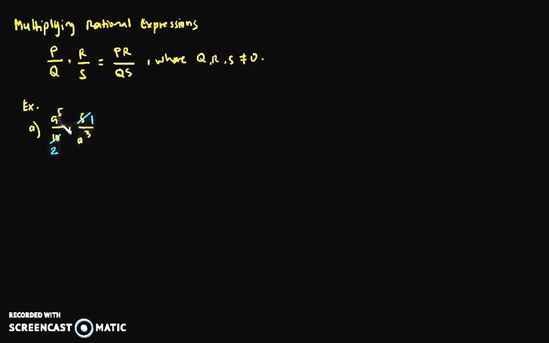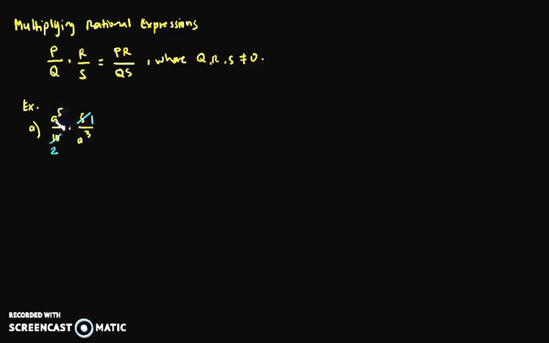Also, when dealing with a rational expression, if you have a raised to 5 and a raised to 3, we simply apply the law of exponents, wherein we subtract the exponents.